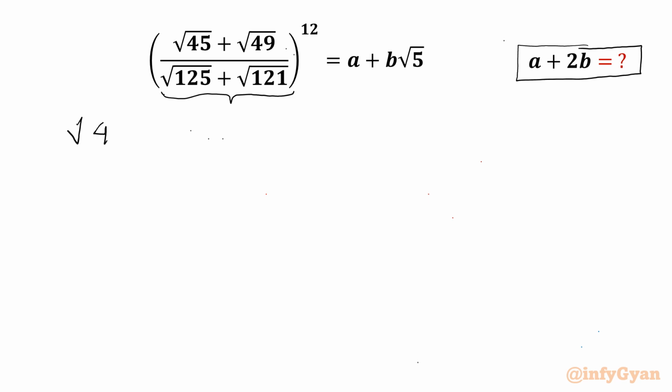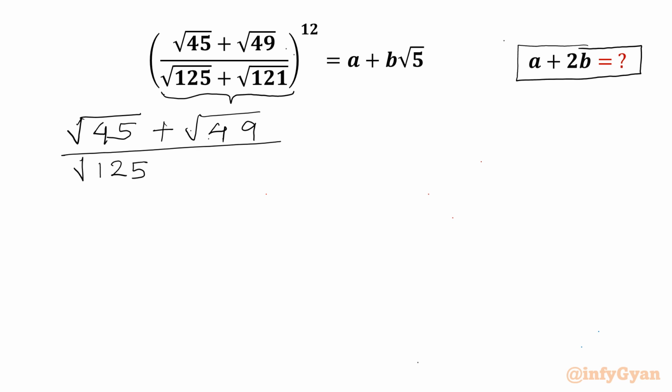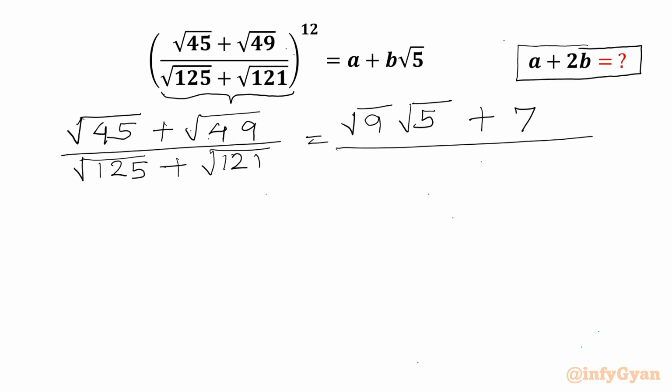So root 45 plus square root 49 over square root 125 plus square root 121. So I can factor 45 as 9 times 5. So let us write root 9 times root 5 plus square root 49 is 7 over.